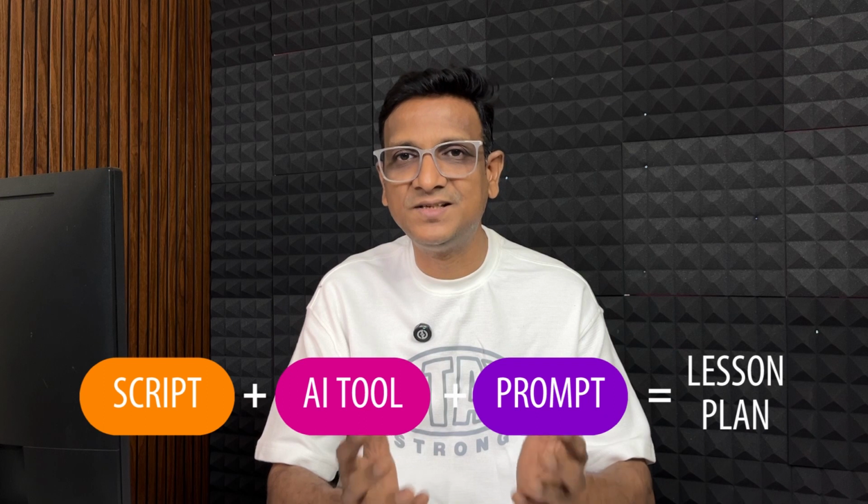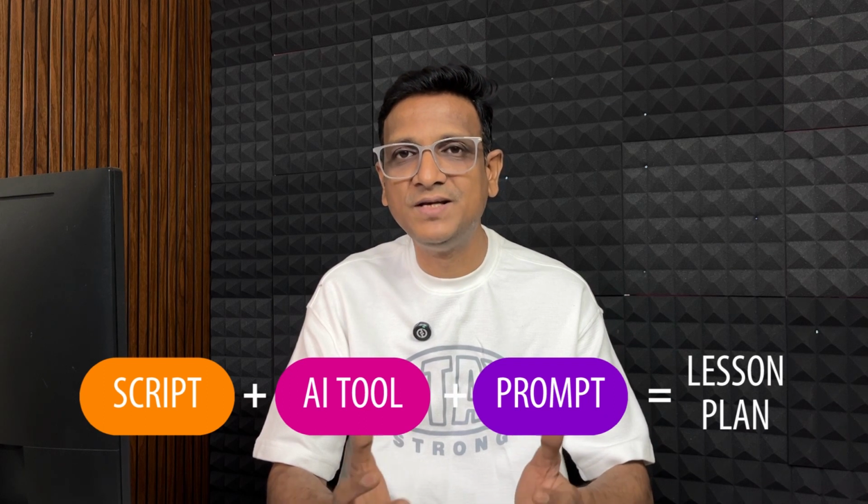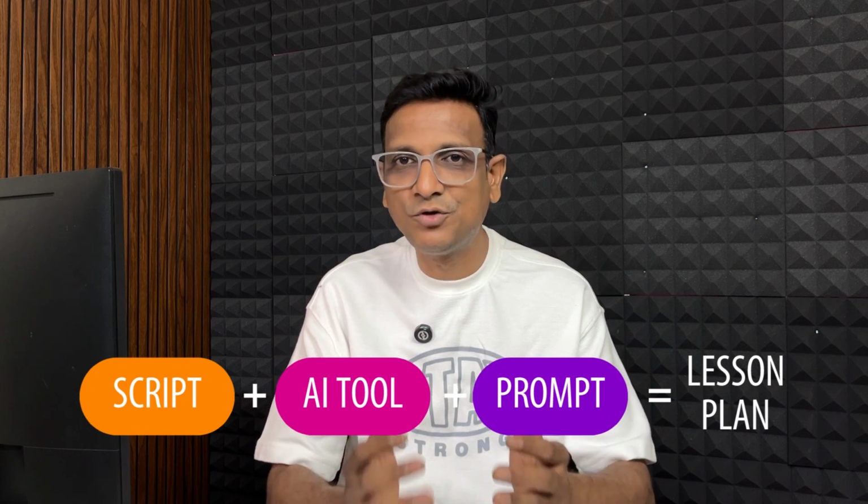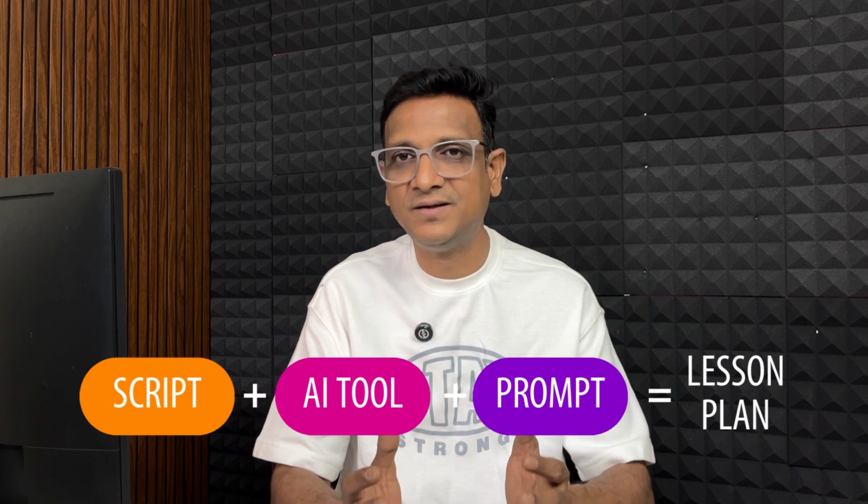It is just a statement which explains your requirement. So if you write a proper prompt, you will get a proper response from the AI tools. Now let us see how to write a prompt to get a lesson plan by giving a sample script to the AI tool. Let us begin.